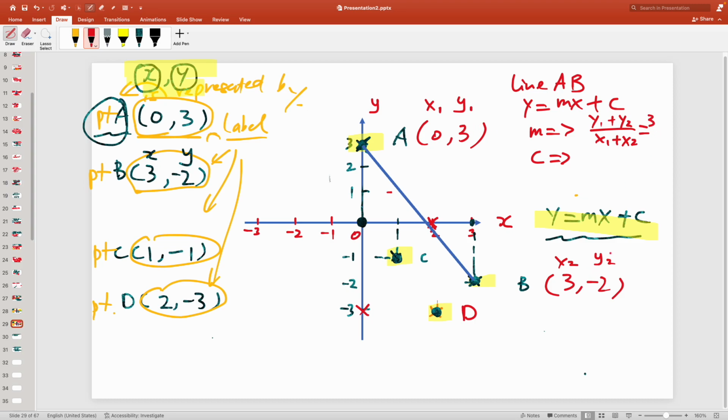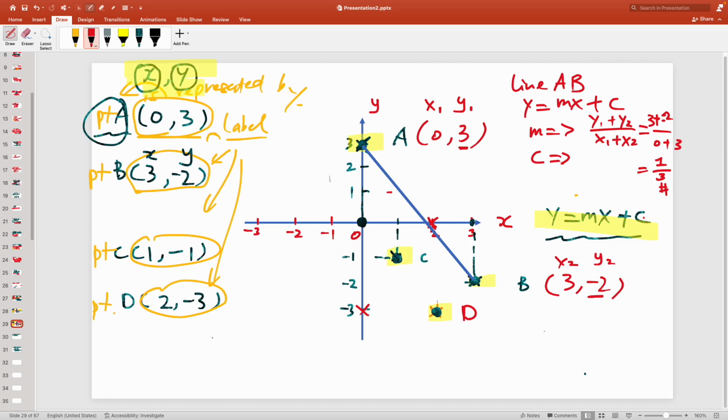Which one is your y2? Minus 2. So x1 is 0, x2 is 3. So 3 minus negative 2 is 5, and 0 minus 3 is negative 3. So your gradient is worked out from this.